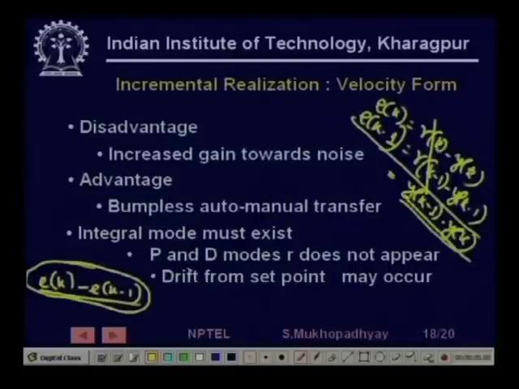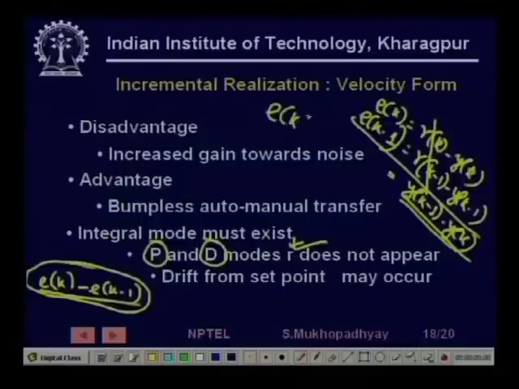The same thing happens to the D mode. So, in the P and D modes, R does not appear. So, even if the output drifts slowly, because R does not appear, the total value of error is not reflected in the control input.